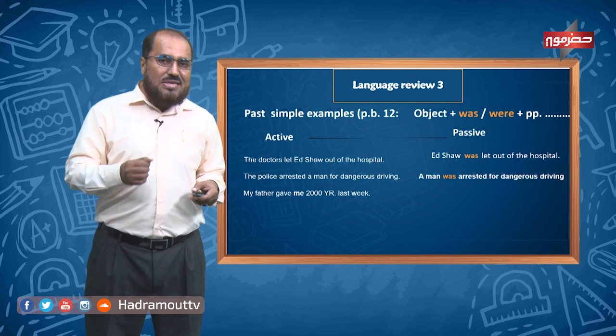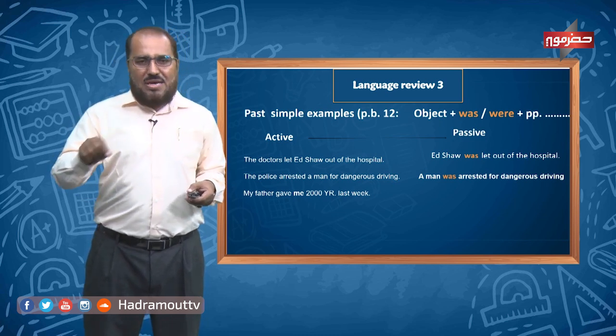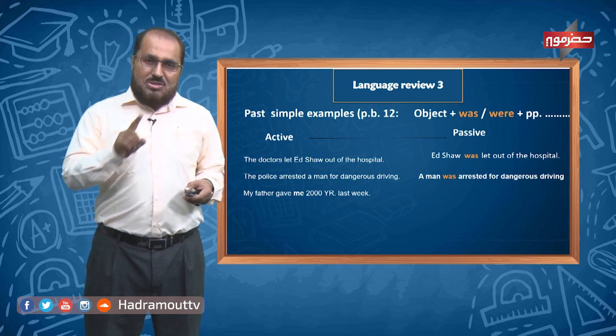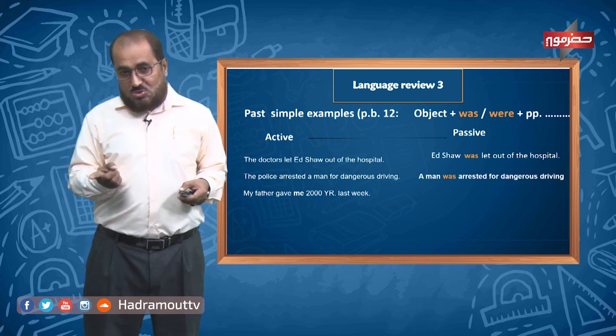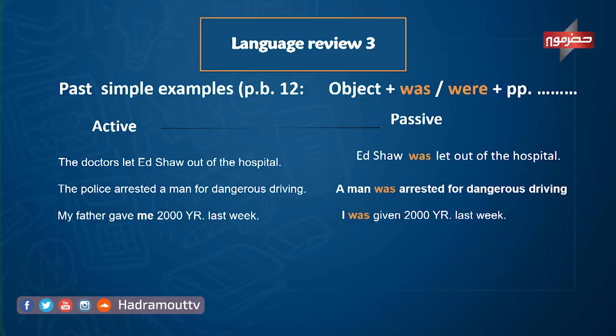So the pronoun me here is the indirect object that we can start our passive sentence with, but don't forget it should be changed into a subject pronoun. It will be: I was given 2,000 Yemeni riyal last week.